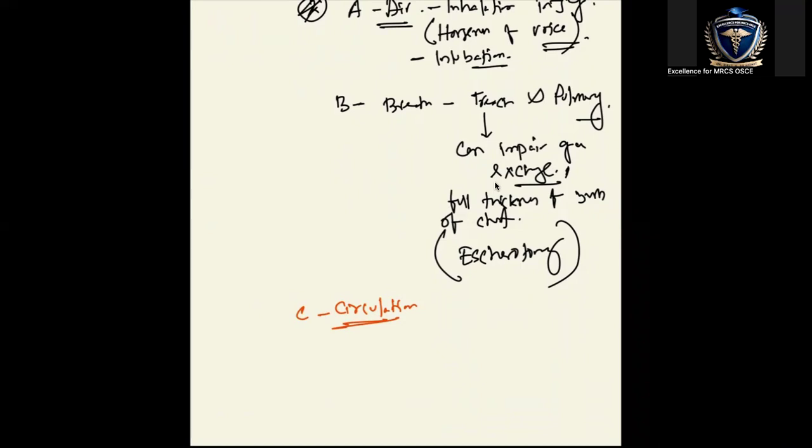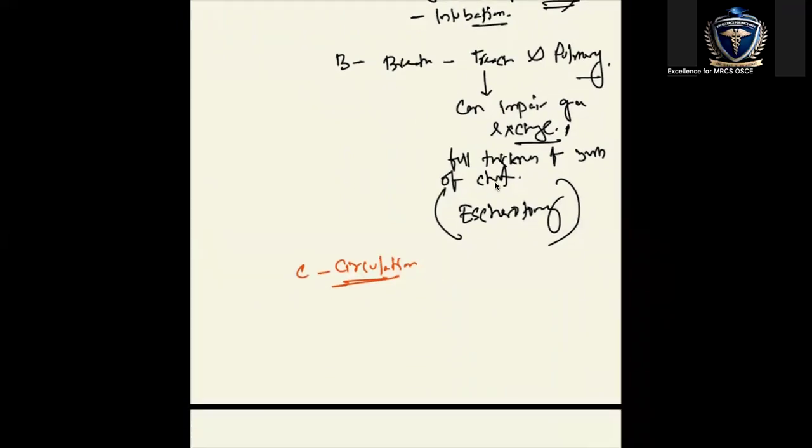Basically, circulation is divided into some ways. Flame burn: in case of adult, 2 ml per kg into percentage of total body surface area. In case of infant, 3 ml per kg into percentage of surface area. And electric burn: always remember, don't make it complicated.